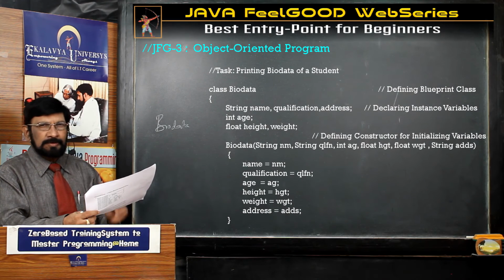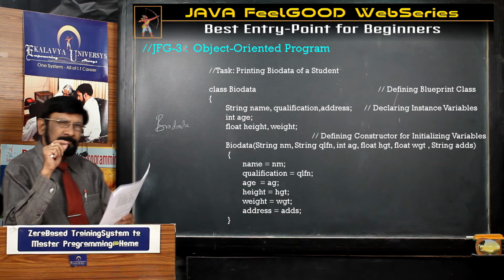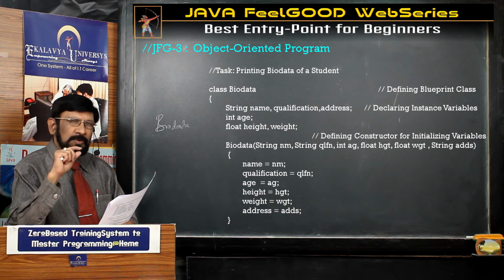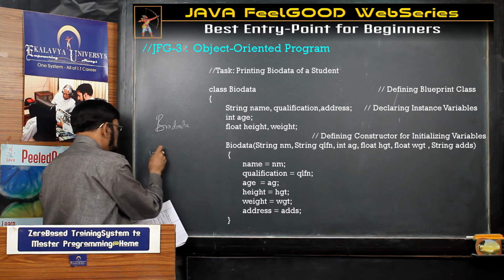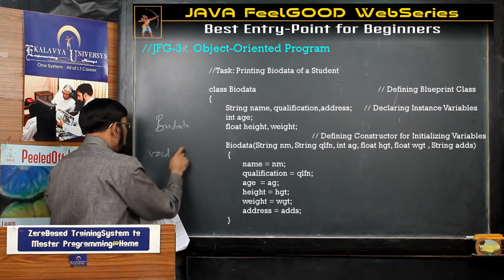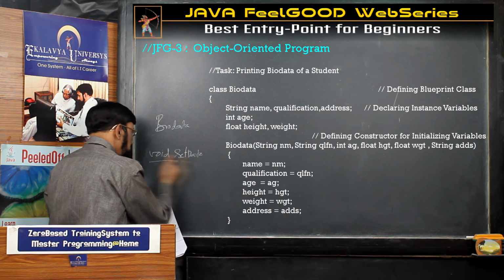Thereafter, first time you are using constructor, here only one change. Already in the previous programs, you used set data method, and there what you are writing, void set data you are writing. Remaining all things already learned.